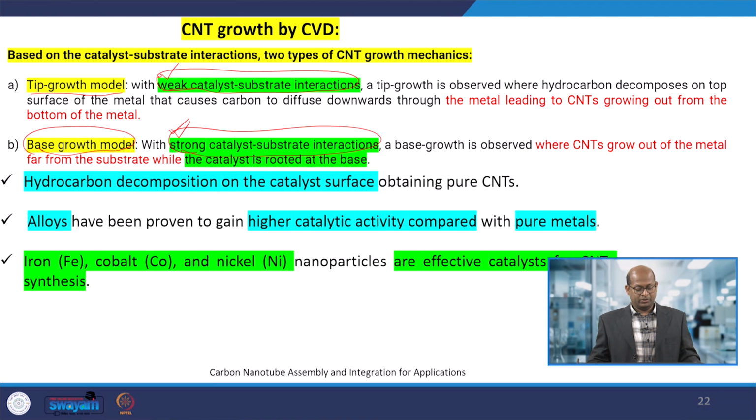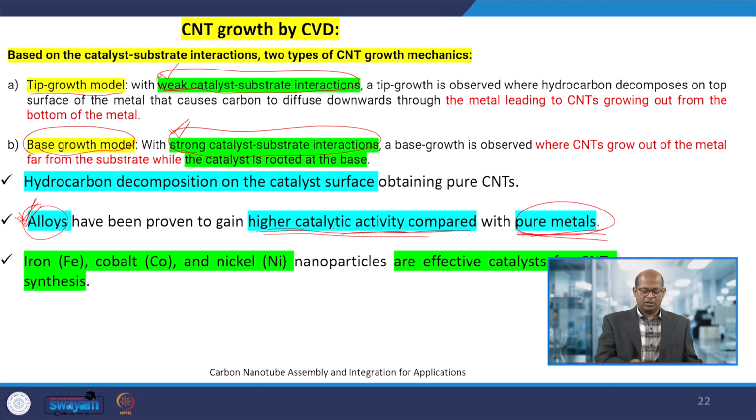Here you can see the hydrocarbon is decomposed on the surface of the catalyst, forming the CNT. An alloy can be used here, which gives higher catalytic activity compared with the pure metal. Pure metals are active, and combinations of two or three metals are also active, but alloys have been observed to be comparatively more reactive.